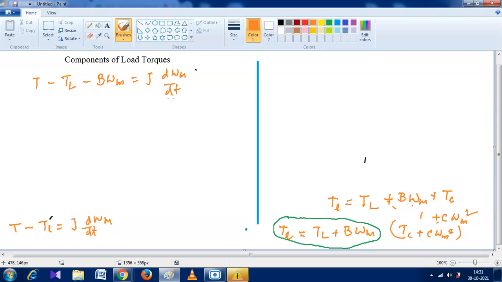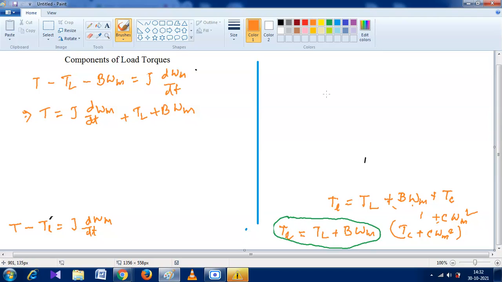And after simplifying this, we get T is equal to J d by dt of omega m plus TL plus B omega m. We get that. Yes, sir.